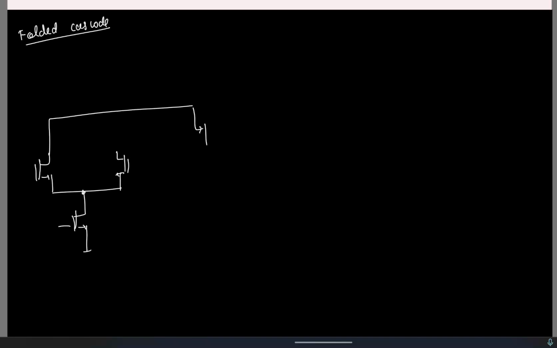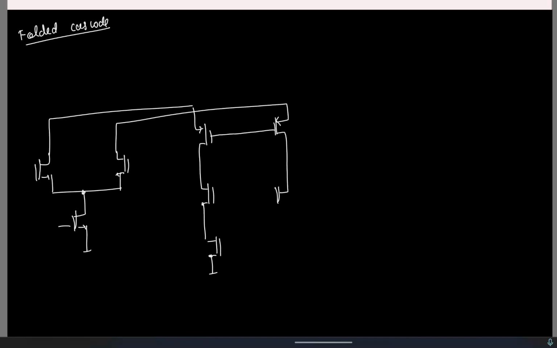So along with telescopic, we also looked at one other Cascode, folded Cascode. So let me do that quickly. So let's start with the diff pair. So the Cascode is going to be PMOS now, and then I have an NMOS current source. Form the current mirror.